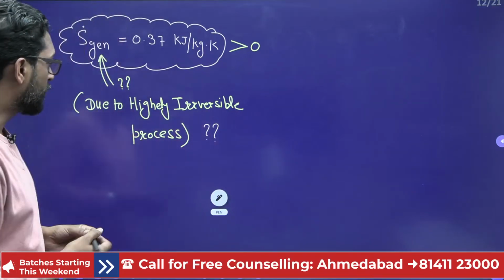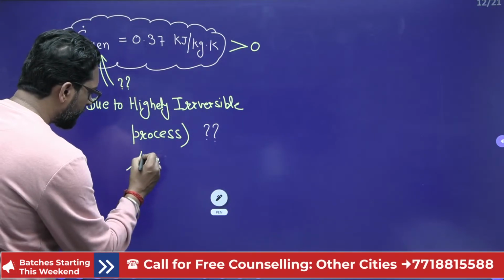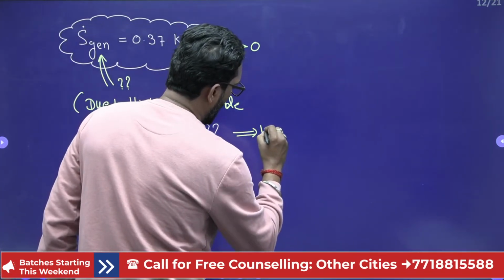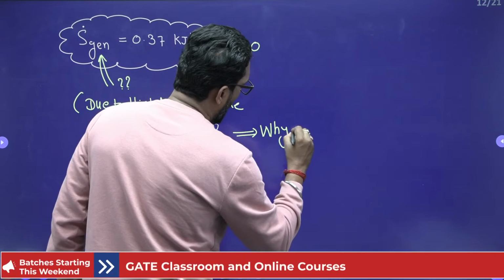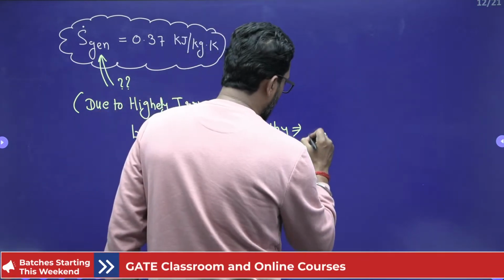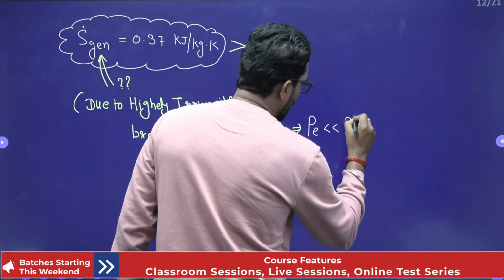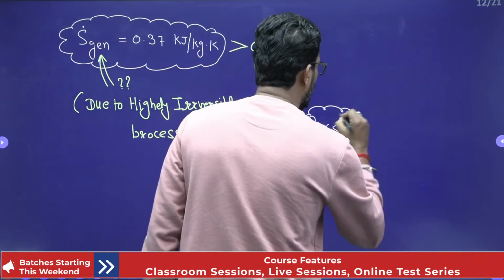Why? Because P exit is less than P inlet, that means expansion will take place.